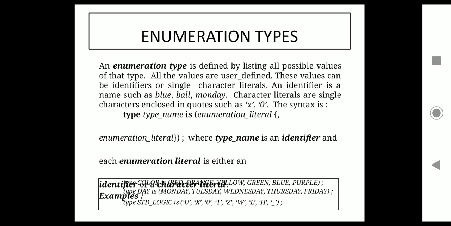First, the type name is standard logic, and its literals can be 'U', 'X', '0', '1', 'Z', 'W', 'L', 'H', written in single quotes. Or you can define day names, such as type day is Monday, Tuesday, Wednesday, Thursday, Friday. So these are the different ways you can define enumeration data types.